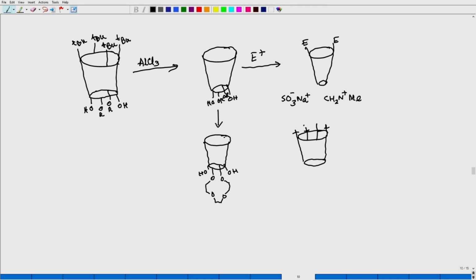Systematically, we can change this, not here, but here, and we can put a cryptand like that, or we can put other groups. We can combine them.